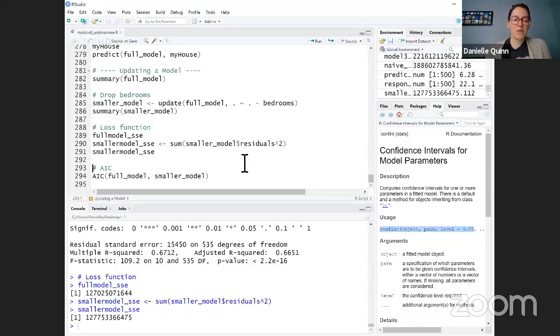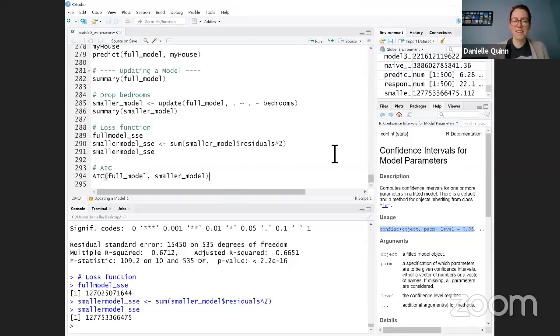You can think of the smaller model as a little bit less expensive because we have one less parameter to estimate. But maybe we really feel strongly that in our domain of knowledge, we know that bedrooms should influence things. So maybe we want to leave it in the full model. And, when we're presenting this, make a note saying this wasn't actually significant, but taking it out didn't make a big difference. So we made the decision to leave it in there.